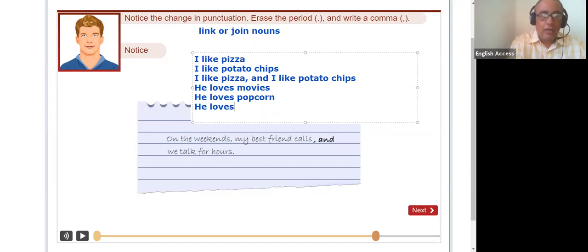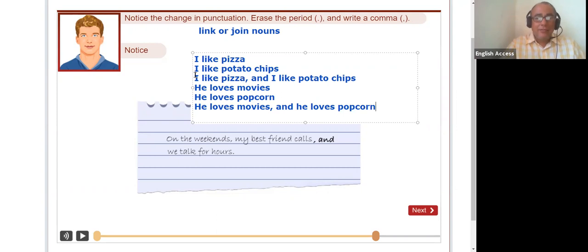He loves movies, comma, and he. In this case, he is not with a capital letter because this is now not a second sentence. They are joined sentences, joined ideas. They are linked. So I need to write a lowercase letter. So: he loves movies, and he loves popcorn.